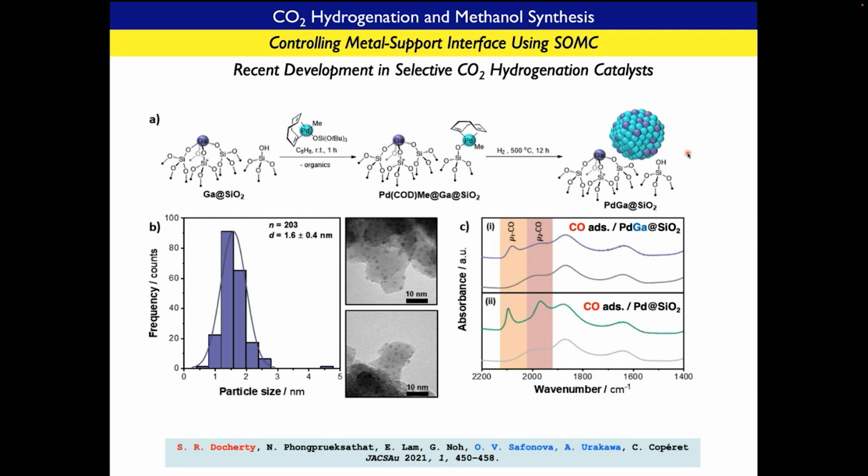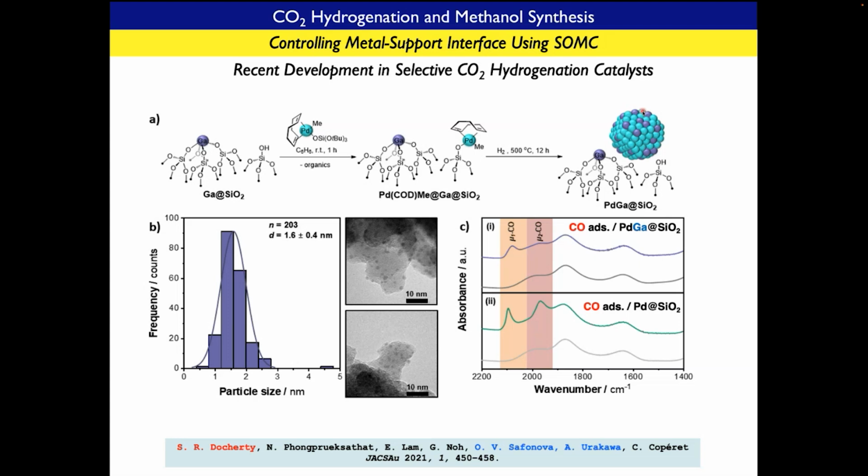We knew from the work of Shock and Love that nickel can be an interesting catalyst for CO2 hydrogenation. So we said, let's try to see what palladium will do. We knew that palladium was a very bad catalyst for CO2 hydrogenation, because typically pure palladium is poisoned by CO. But by using our approach, we could generate very small particles, and we could show very fast by our spectroscopy and EXAFS that we generate this palladium gallium alloy.